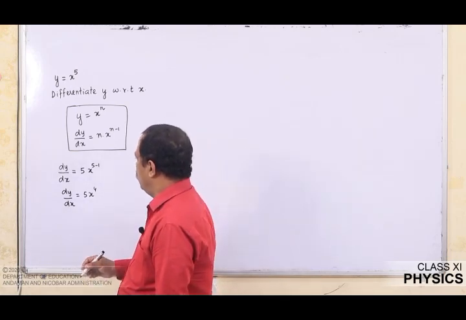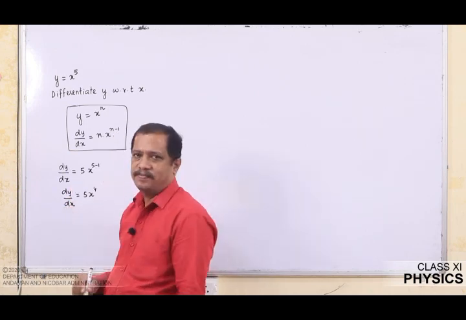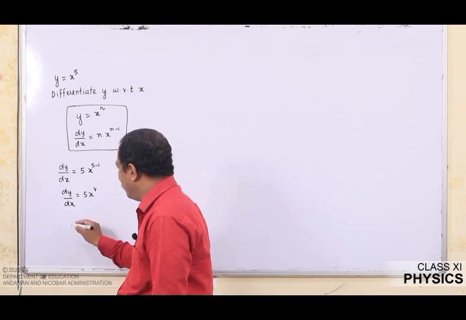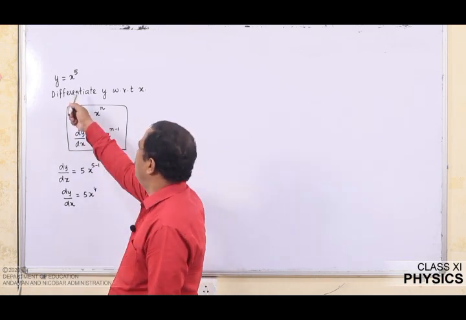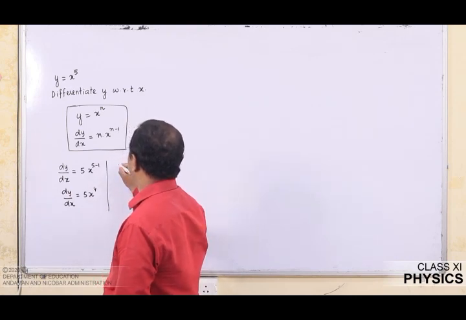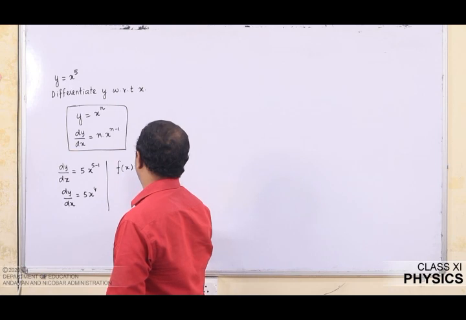Now, at times we write dy by dx, or y is equal to x power 5, mathematically we also write f of x is equal to x power 5.